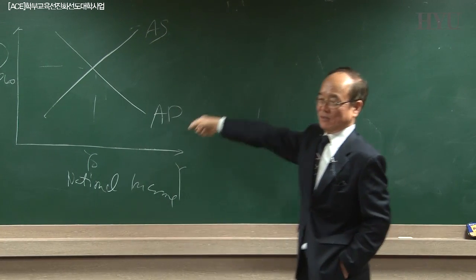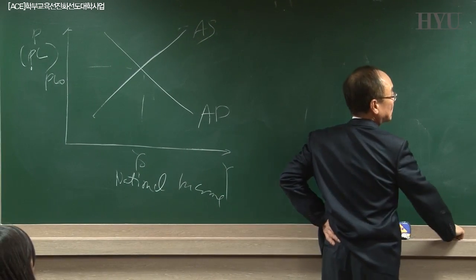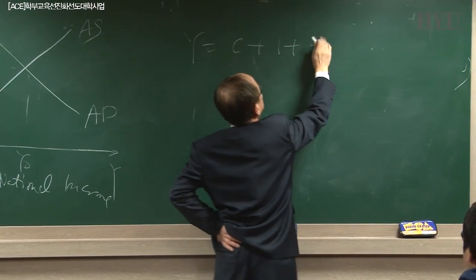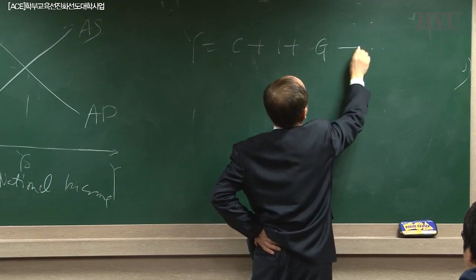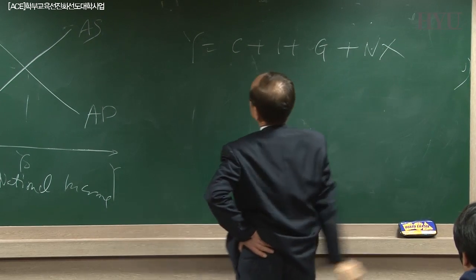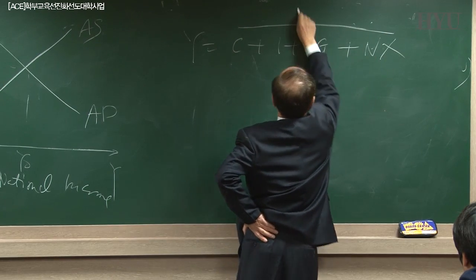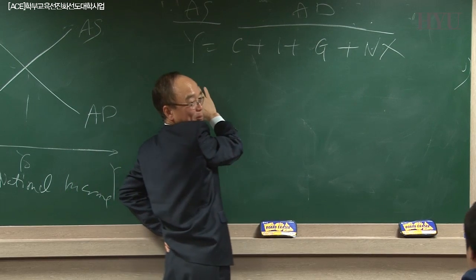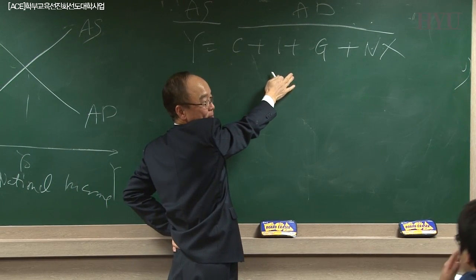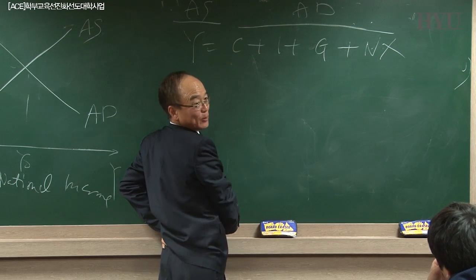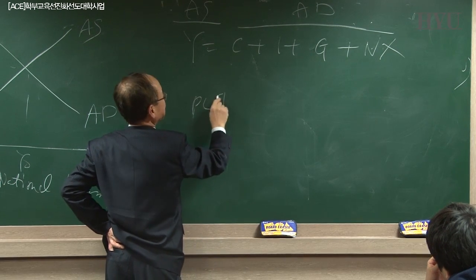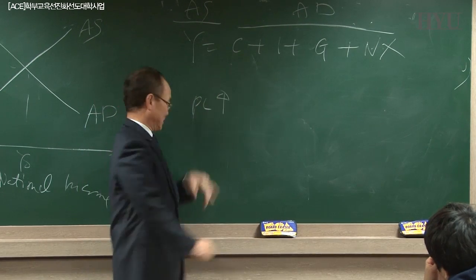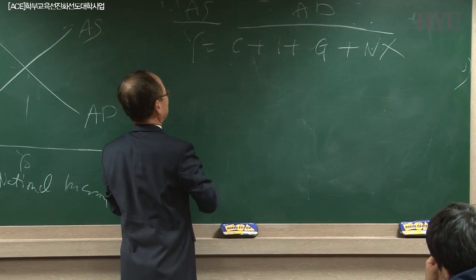Understanding this, the AD curve, is the demand side, right? This is the AS side. After Wednesday, today we'll attack this. Why does this decrease as PL goes up? Let's follow the textbook explanation.